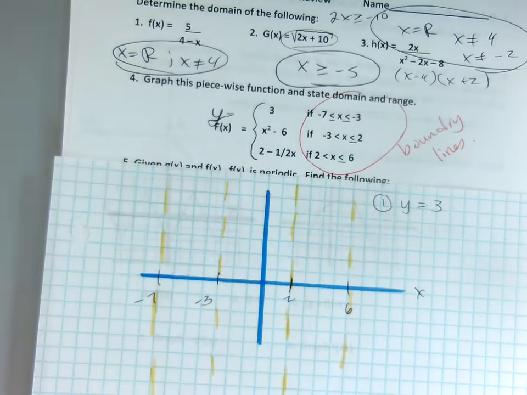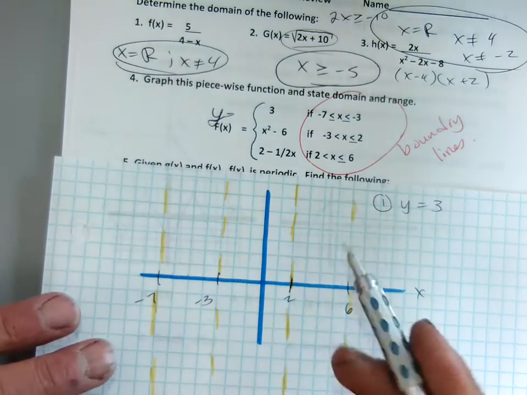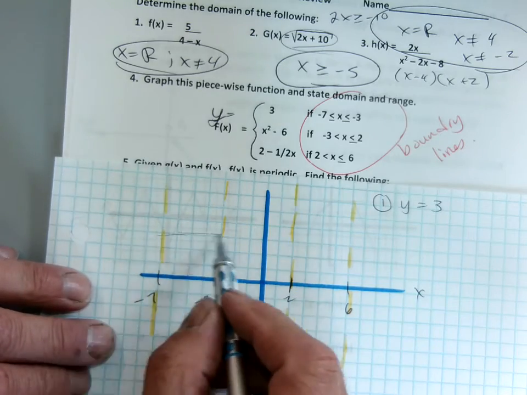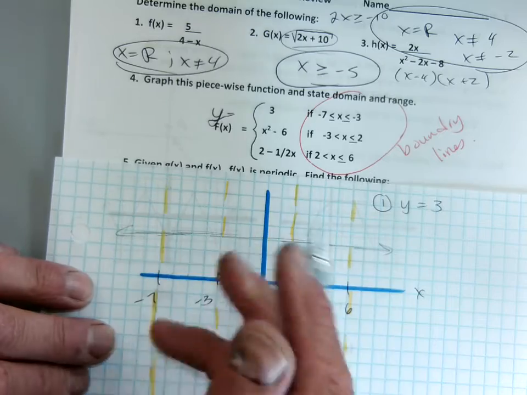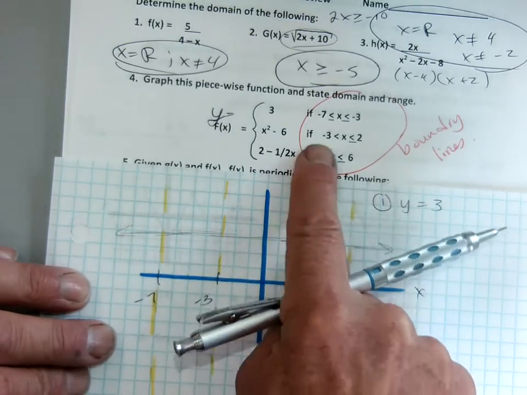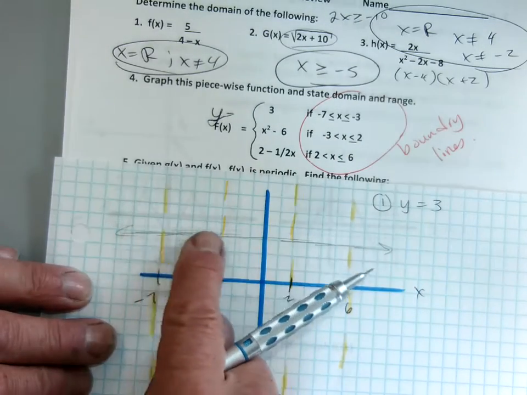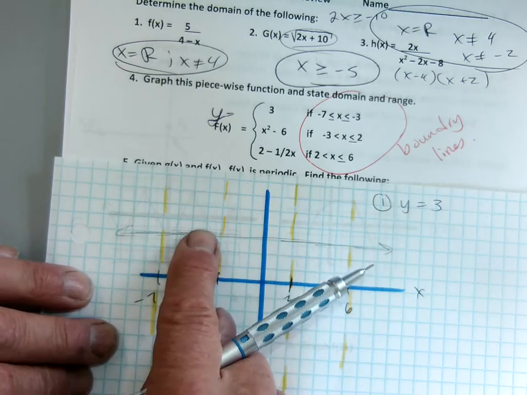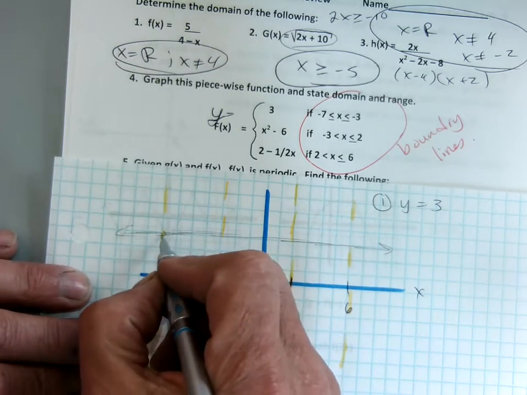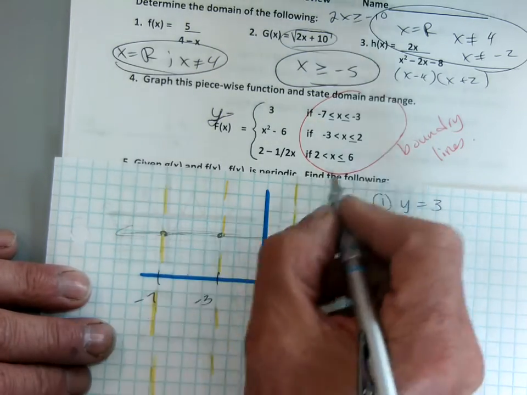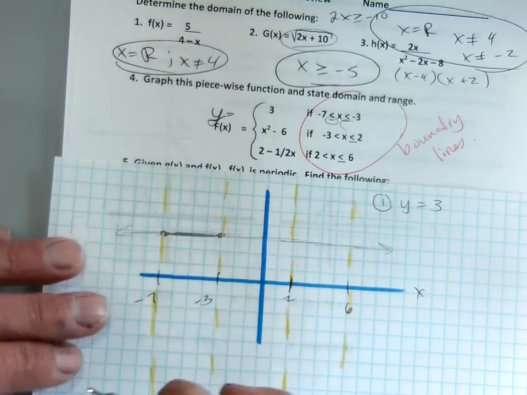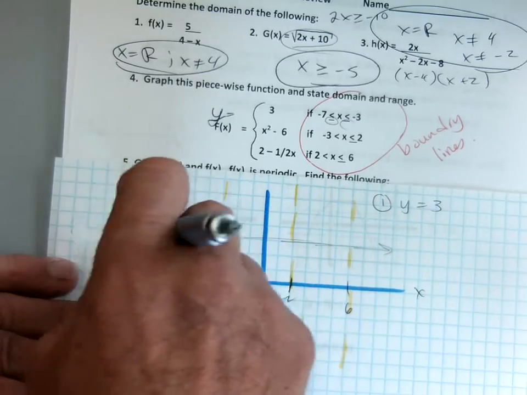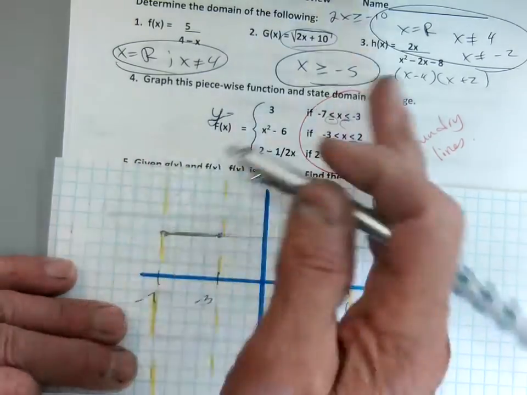So y equals 3 is a horizontal line at 3. But I only want it between negative 7 and negative 3. So I only want this region here. And it's a solid dot on both because it equals both. And I'll get rid of the rest of the line which is not included in the boundary.